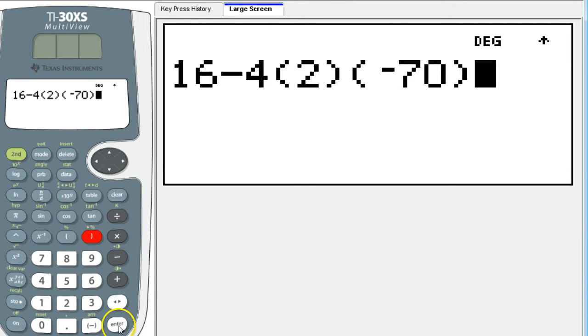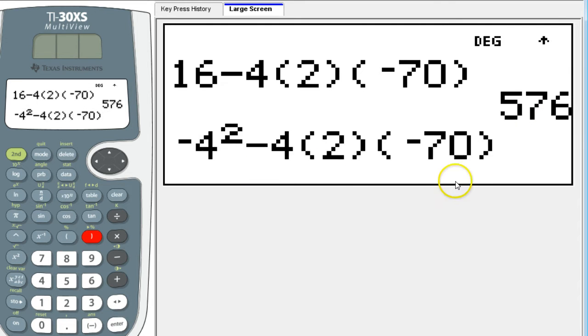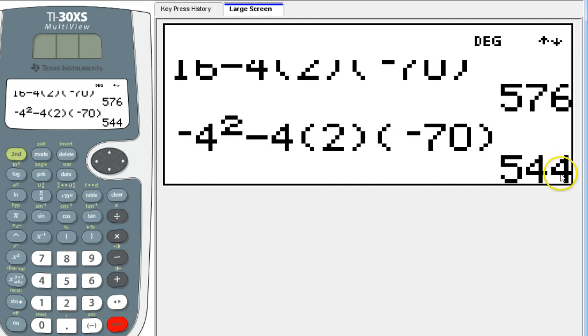So that would look like this. I'm getting 576. Notice that if I were to type it in like this, and I would normally do the negative 4 squared in my head, since I know that's going to be positive. But if you try to type it in like this, negative 4 squared, notice you get the wrong answer.